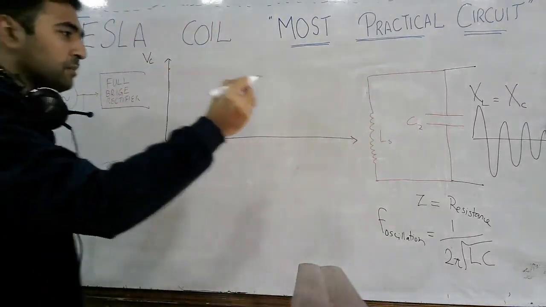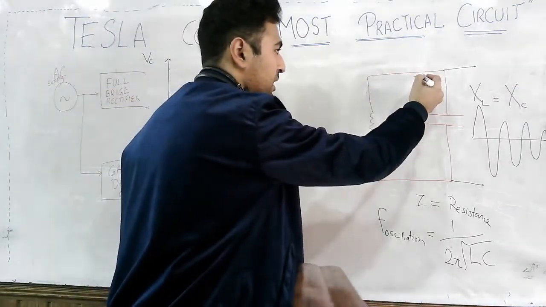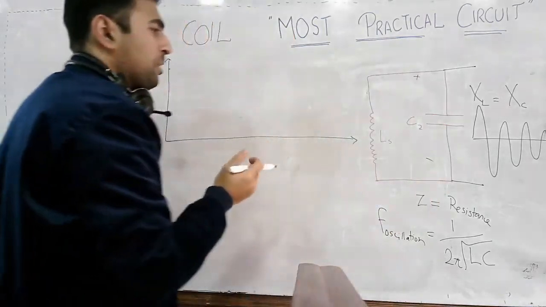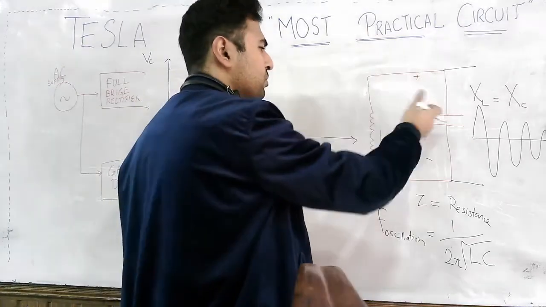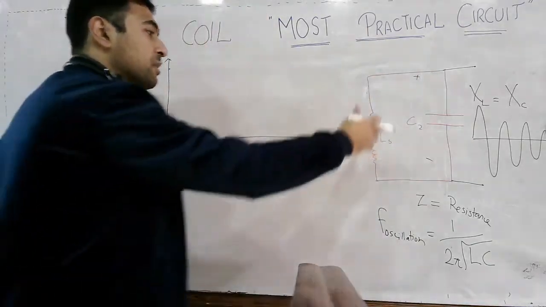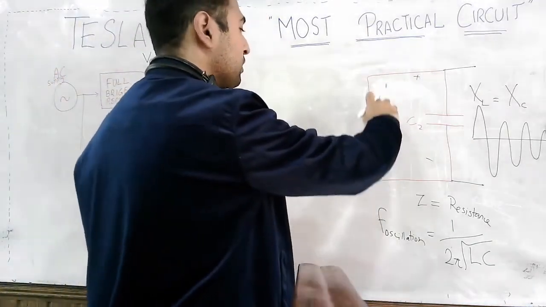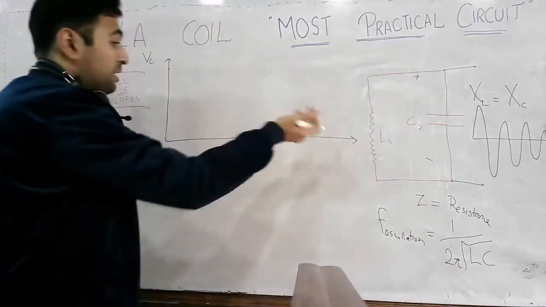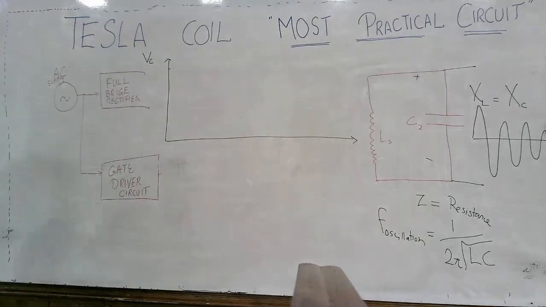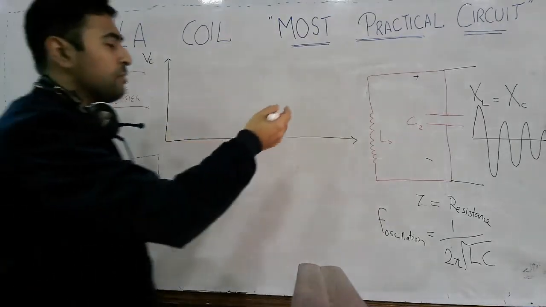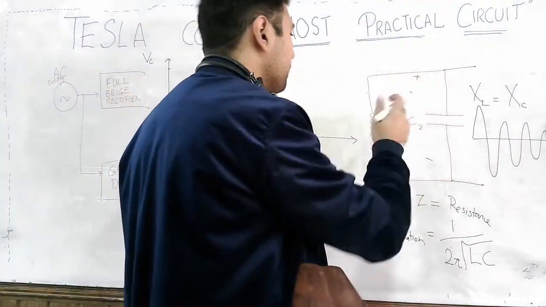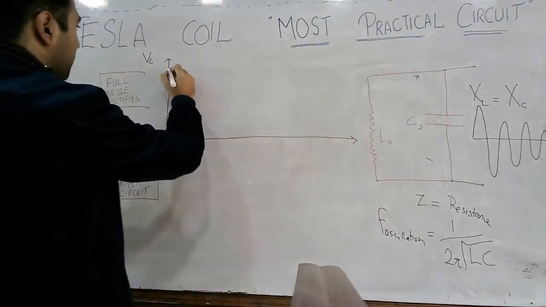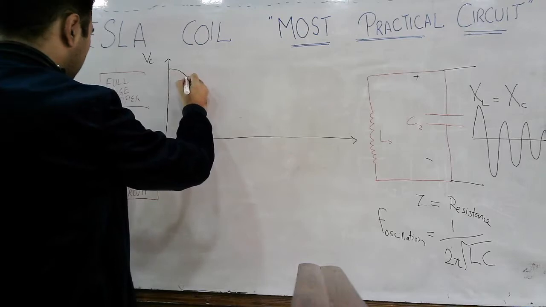Now, what happens? The capacitor voltage is here across this inductor. Now, the capacitor wants to discharge, that is, it wants the inductor to allow the current to flow through it, but the inductor doesn't want to, it will not allow the capacitor, but eventually the capacitor voltage is decreasing in this way.